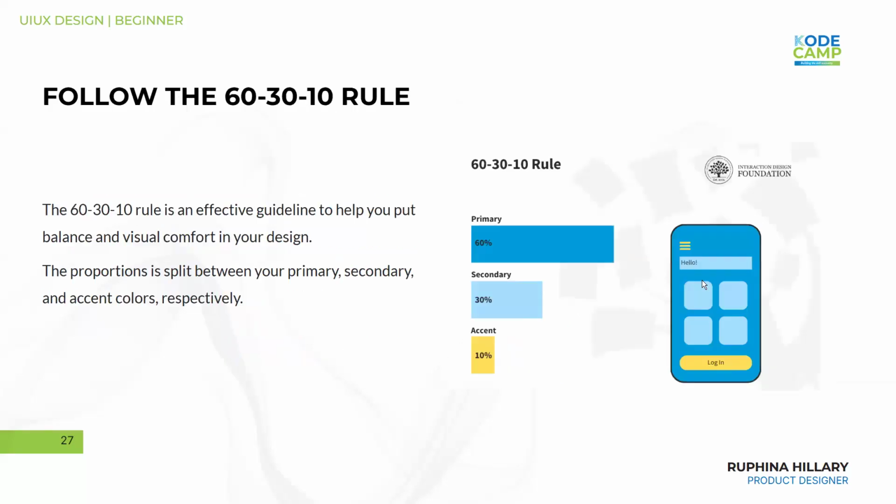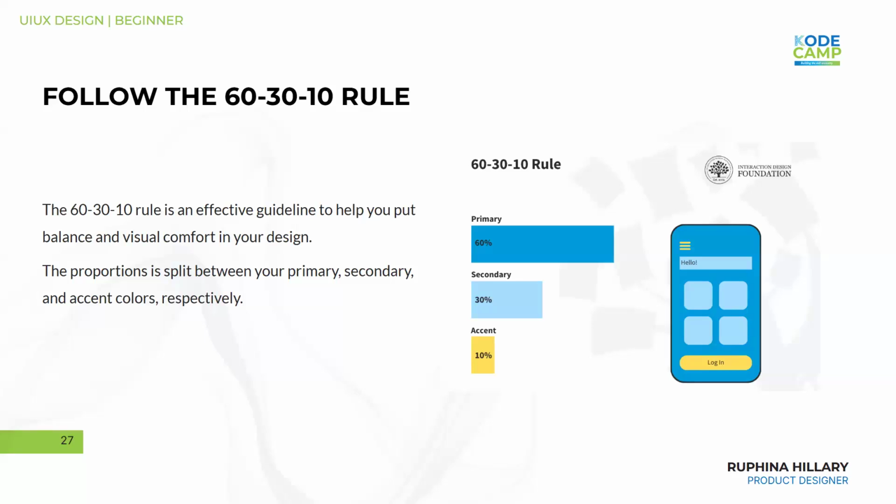Okay. So another tip, we talked about this before, is to follow the 60, 30, and 10 rule, where your design should be split between your primary, your secondary, and your accent color. So 60% of your design should be your primary color, 30% should be your secondary color, and 10% your accent colors.